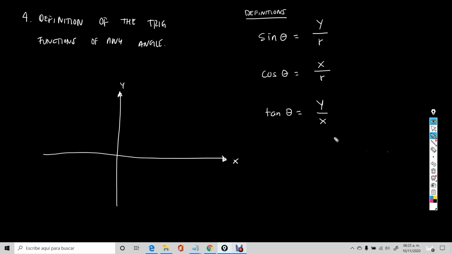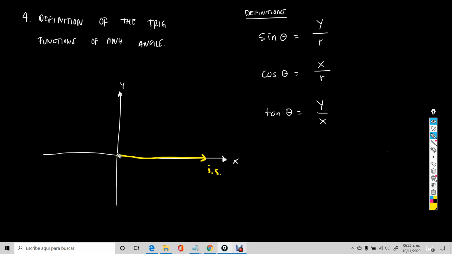When you apply this definition only for acute angles, those angles will be located in this first quadrant, right? Because if I draw the initial side of the angle, there you go. And if I stick to only acute angles, the angle will live, so to speak, in this first quadrant.